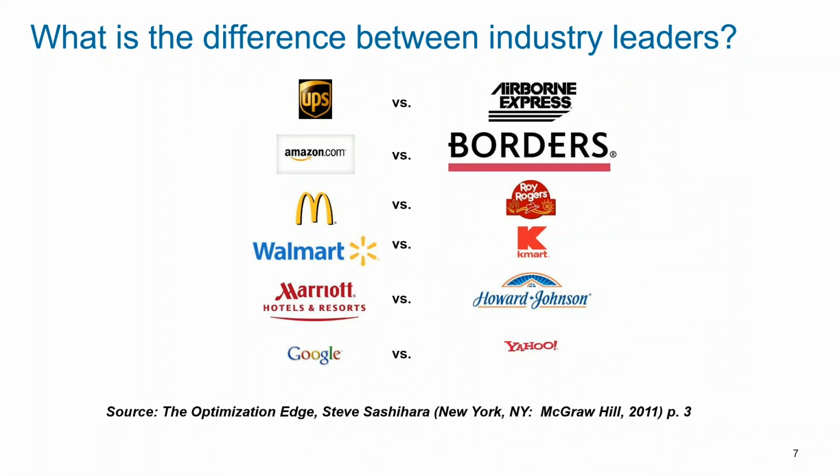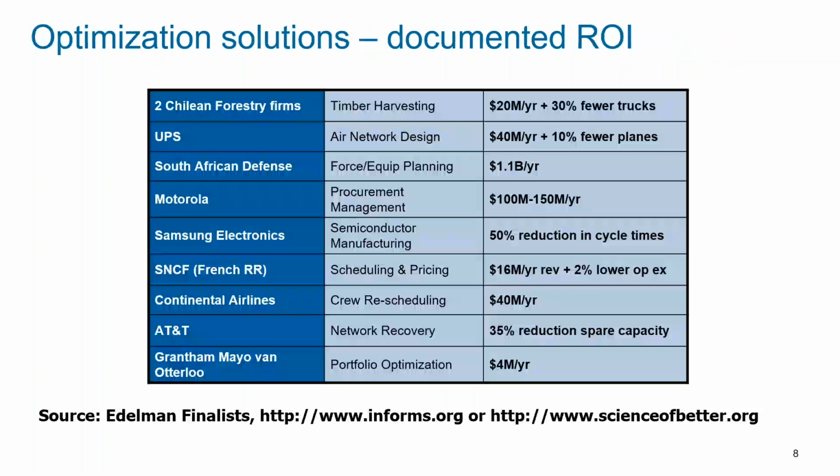Marriott and Google. Okay, so the main difference between these two categories is that the companies to the left, they really apply optimization. There are many use cases for those companies. Now, usually the difference that we see today with machine learning and AI and predictive analytics is for optimization problems.